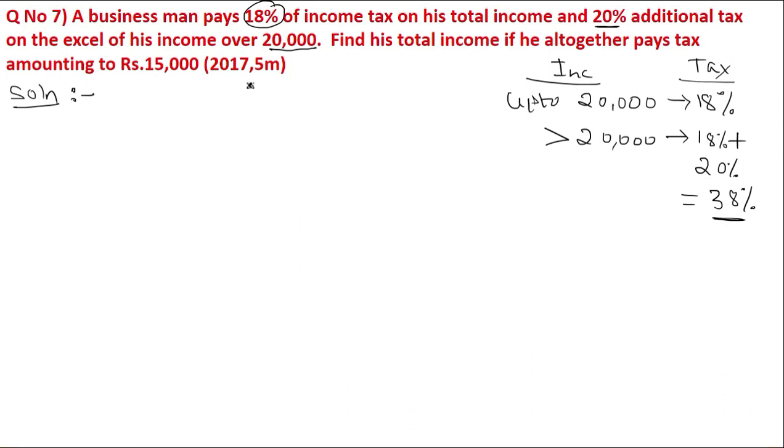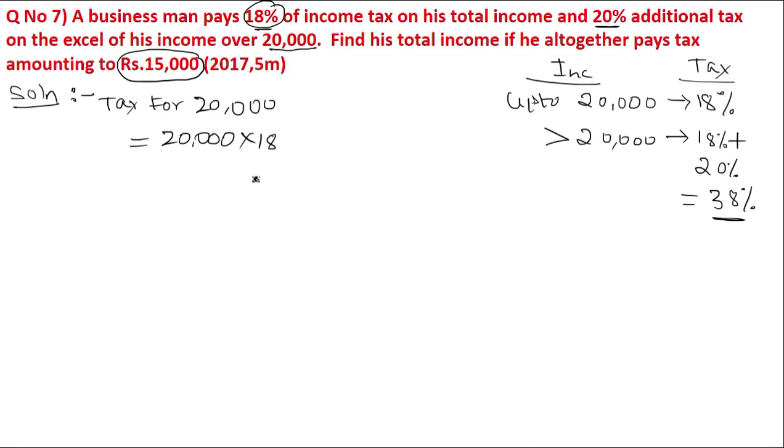First, we will find out, out of this tax, how much is for the initial 20,000. 15,000 tax is being paid. So the tax for 20,000: how do we calculate? 20,000 into the rate of tax, 18%.